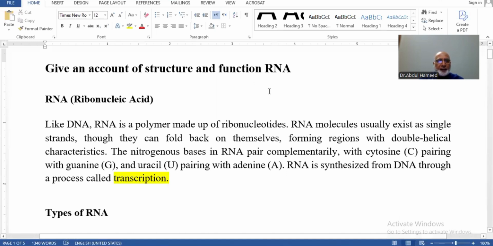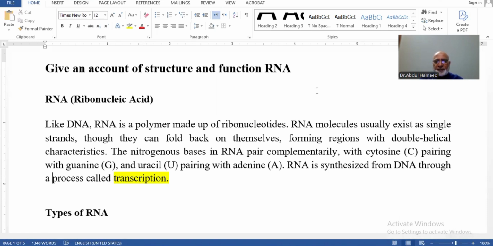So RNA, ribonucleic acid, is a polymerized molecule like DNA. RNA is a polymer made up of ribonucleotides, not deoxyribonucleotides. So RNA molecules usually exist as single strand, although they can fold back on themselves, forming regions with double helical characteristics.